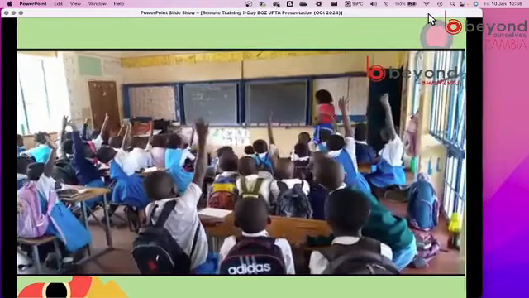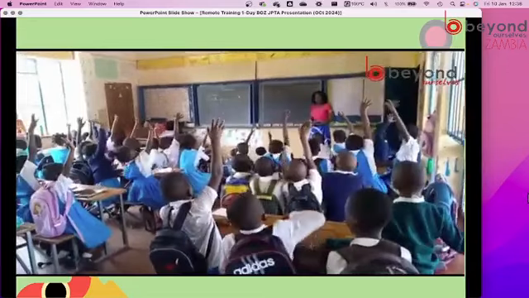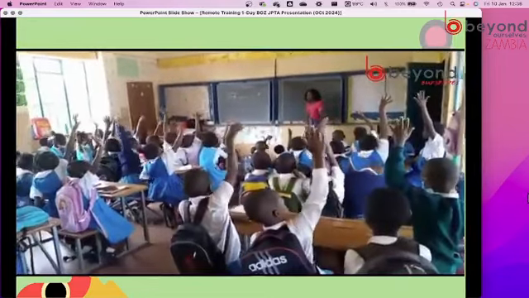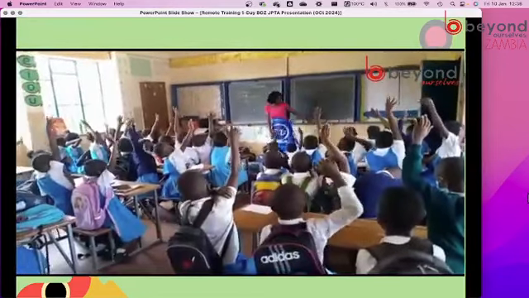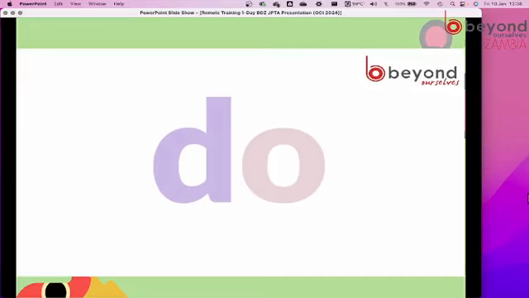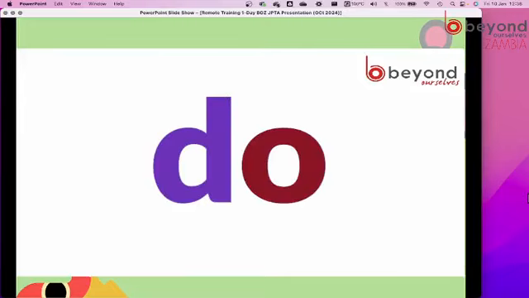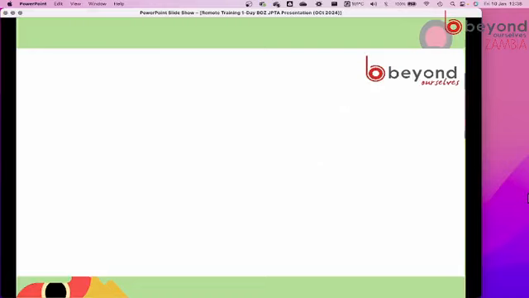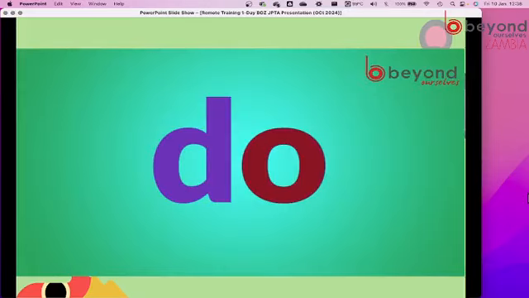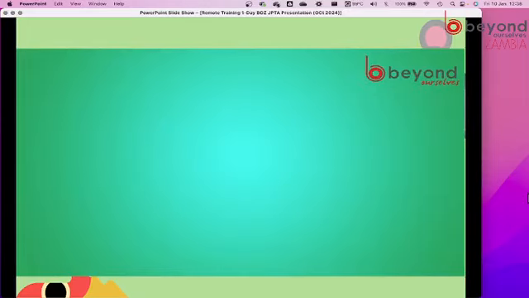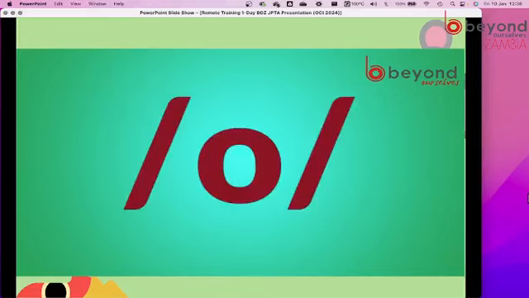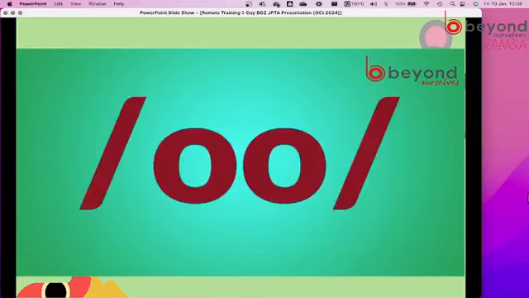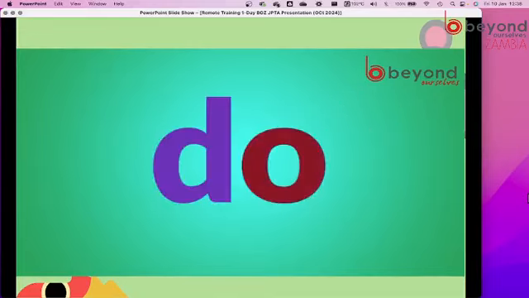It is a useful exercise for children to look at a tricky word and identify the part of the word that is not following the rules. For example, do. It is worth pointing out that letter D is making the sound we would expect, D, but the letter O is making an U sound. In this word, the part which is tricking us is letter O. Instead of sounding O, the sound is U, do.